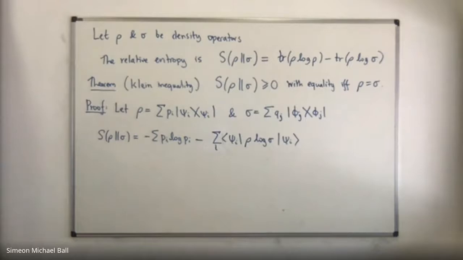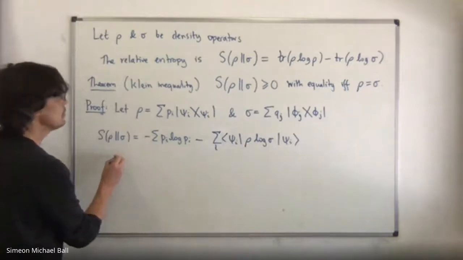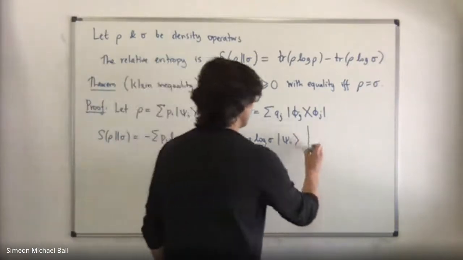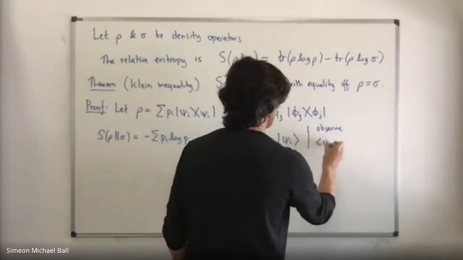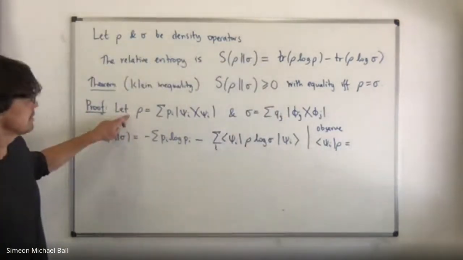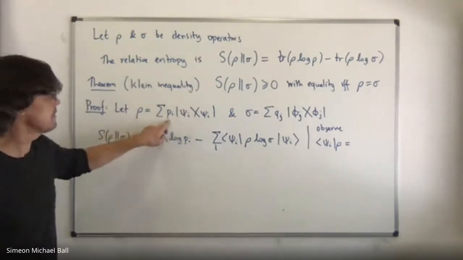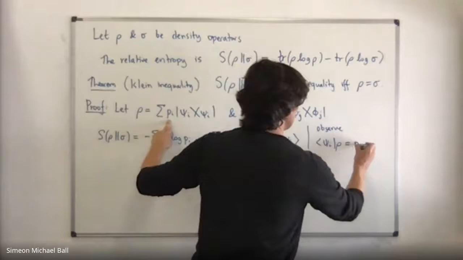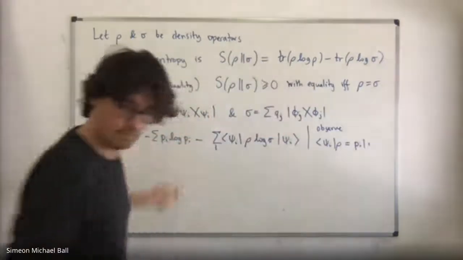Okay, now, what is this bit here? Let's just look at it. If I bra this with a phi i, which of course on this side would be j, all of these are going to be zeros. The only thing I get left with is a pi and the bra.